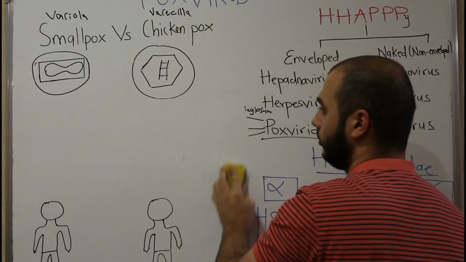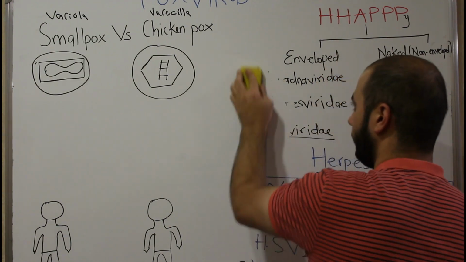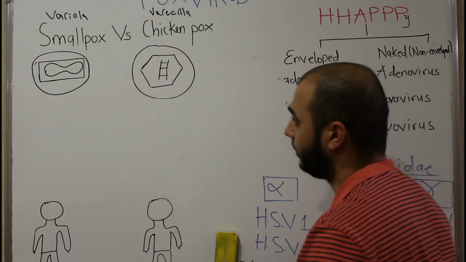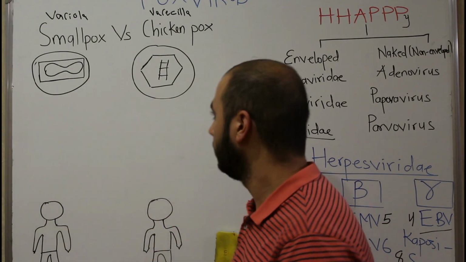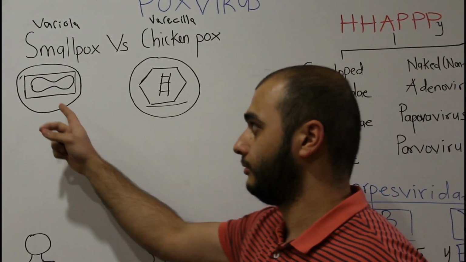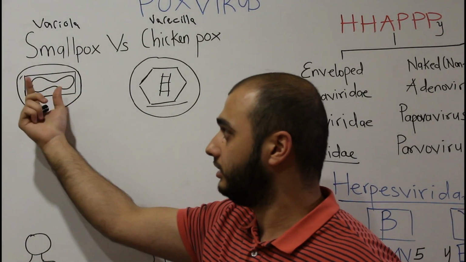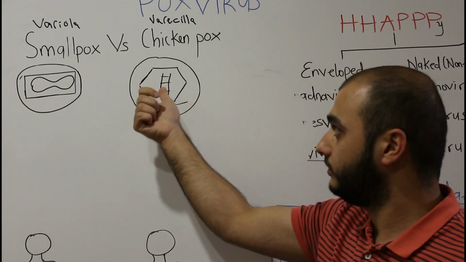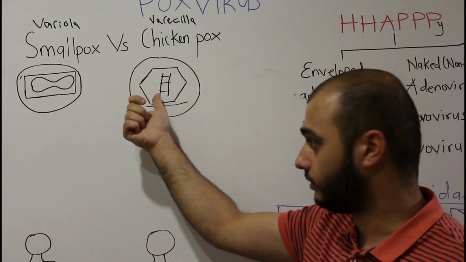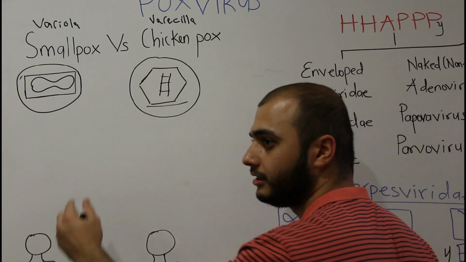First difference: by shape they differ. The shape of chickenpox virus is icosahedral, while the shape of smallpox virus is brick shape, and the shape of the DNA in smallpox is dumbbell, while in chickenpox virus it is double-stranded linear DNA.